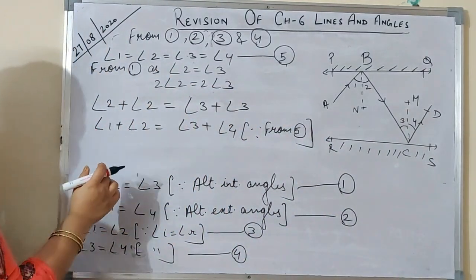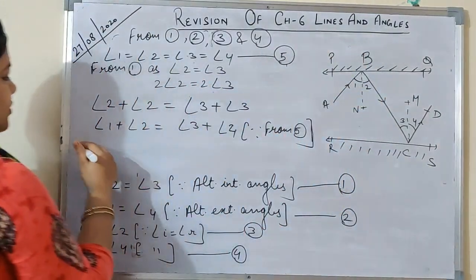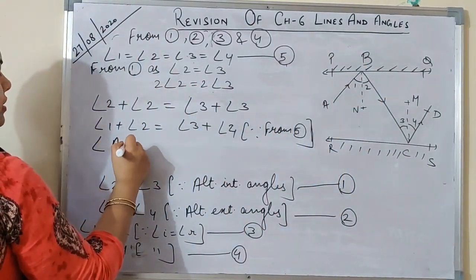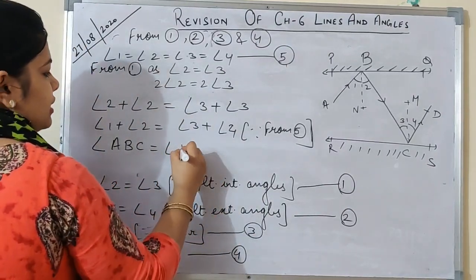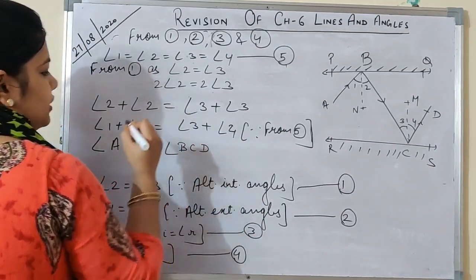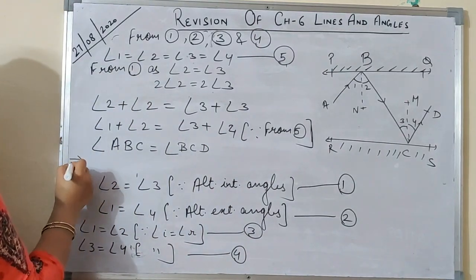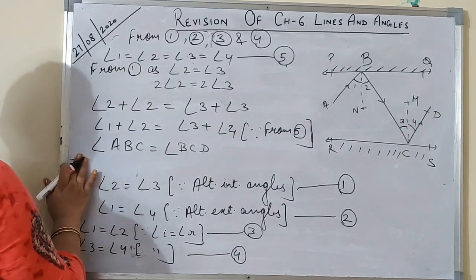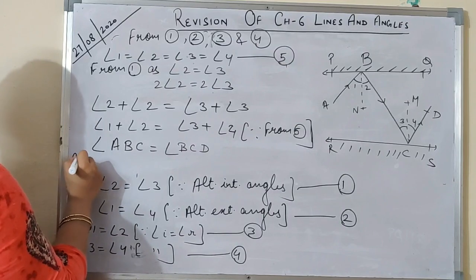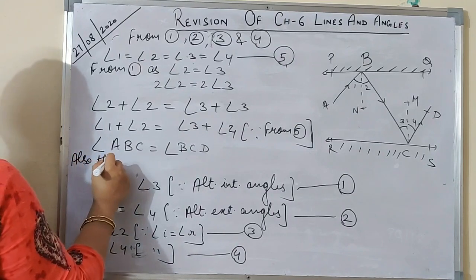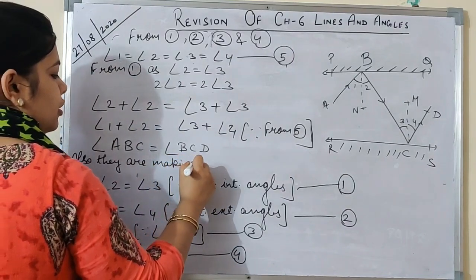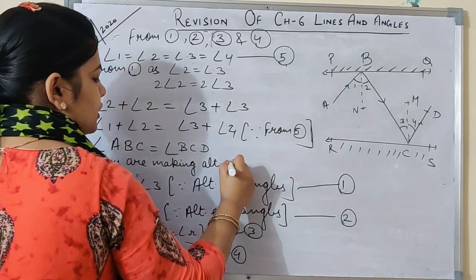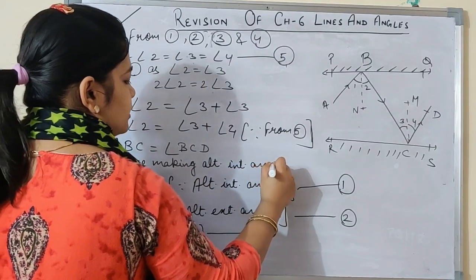Then you will observe that angle 1 plus angle 2 is making angle ABC and angle 3 plus angle 4 is making angle BCD. So we can write that this implies they are making alternate interior angles.